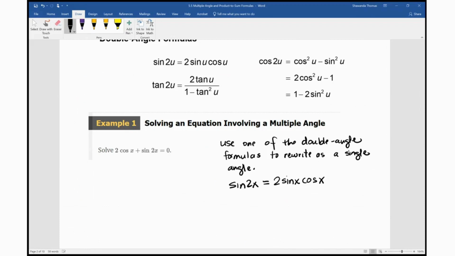So we're going to make a substitution for that. So we have 2 cosine x plus, instead of a sine 2x, we're going to put what it equals to, which is 2 sine x cosine x.